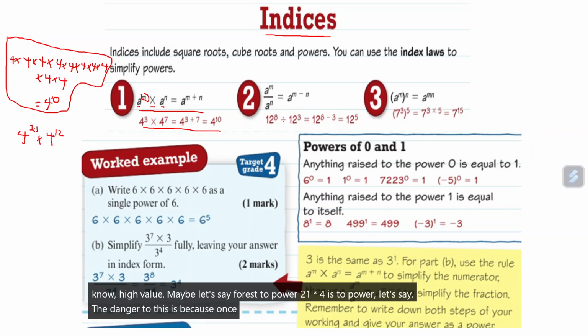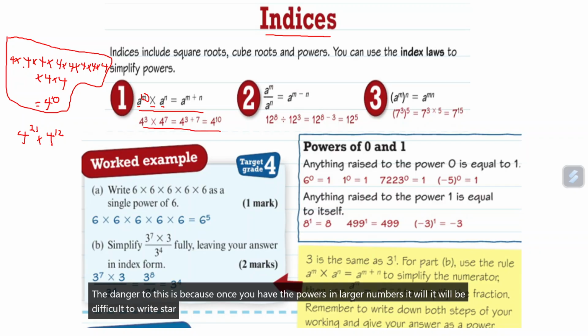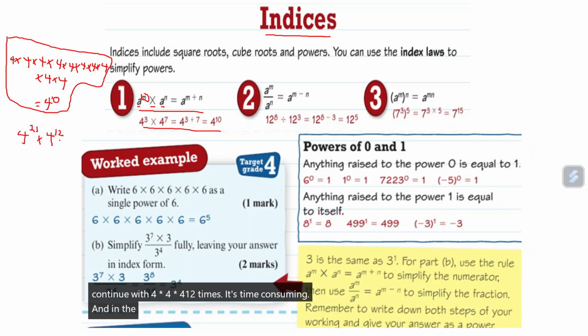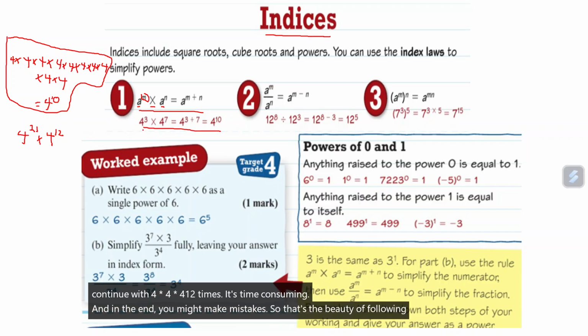Once you have the powers in larger numbers, it will be difficult to start writing 4 times 4 times 4 21 times, then continue with 4 times 4 times 4 12 times. It's time consuming, and in the end you might make mistakes. So that's the beauty of following this other shorter form of indices.